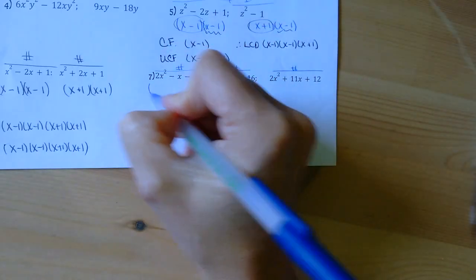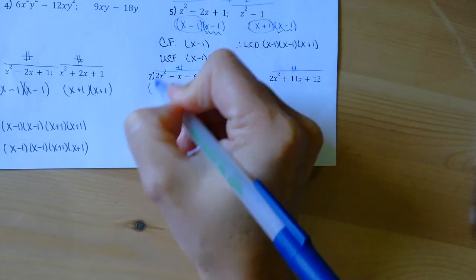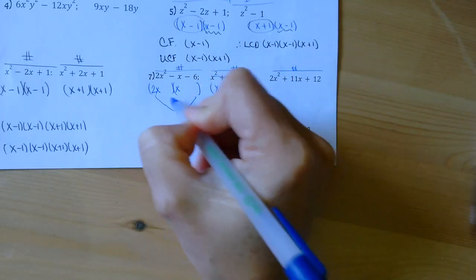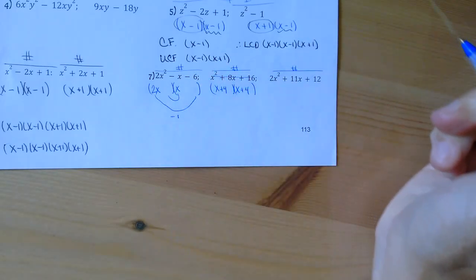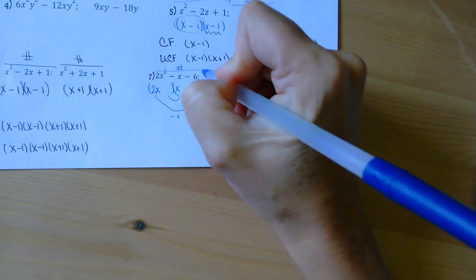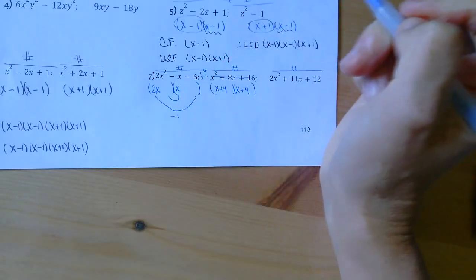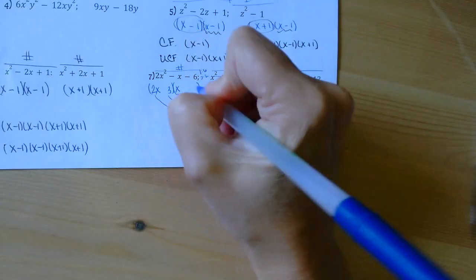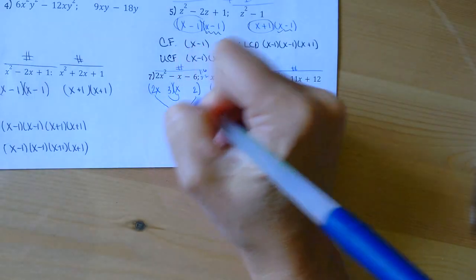Oh, we got a little guess and check here. So my only option is 2x and x. Remember, I need a negative 1 in the middle. So I can go 1 and 6 or 3 and 2. I think I'm going to go 3 and 2 in my head quick here. 3 and 2. That's going to get me a 3 and a 4.